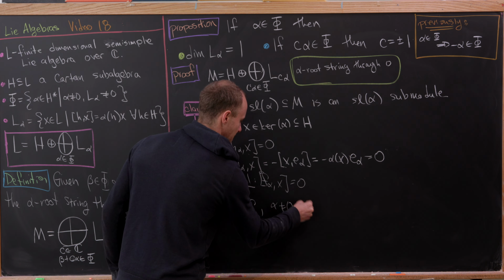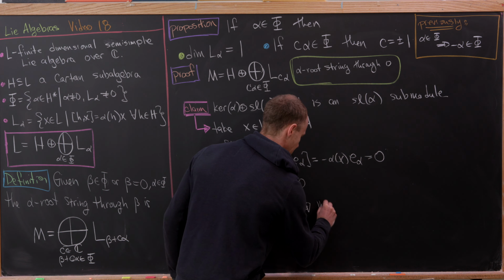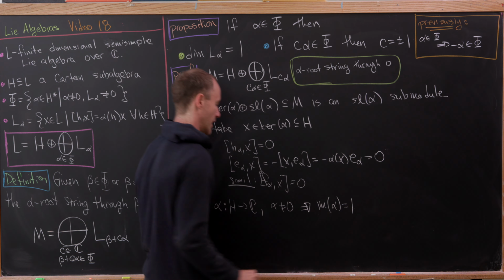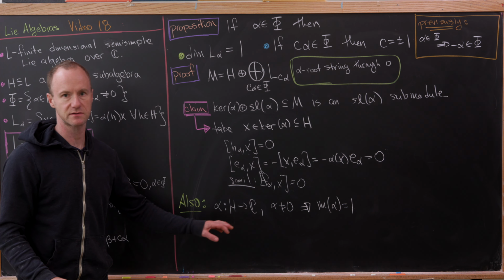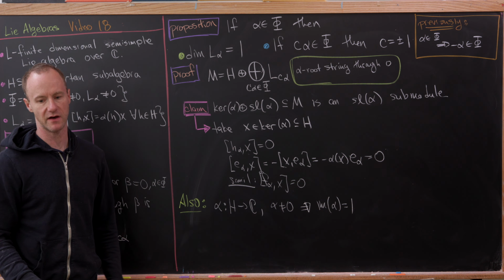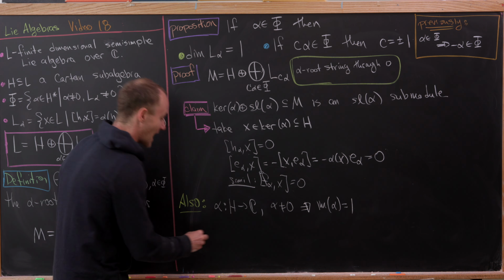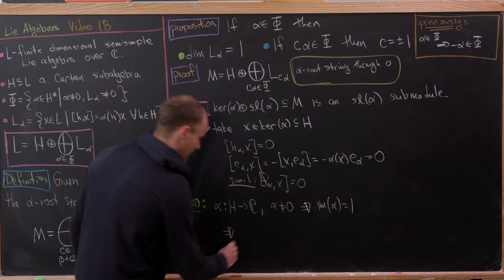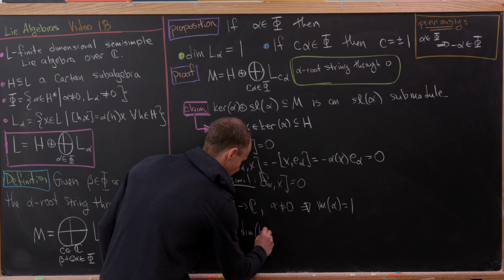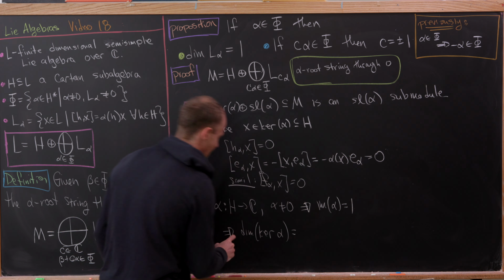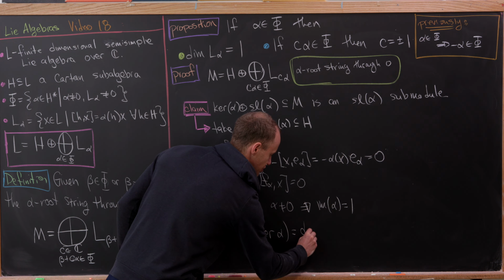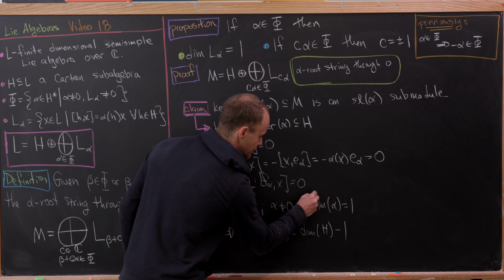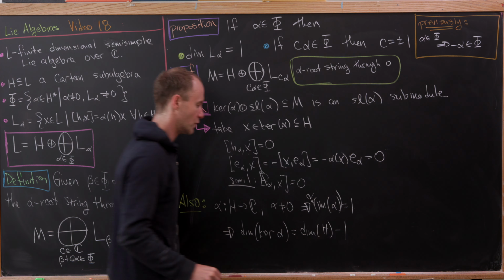But what does that mean? Well, if it's not the 0 map, then the dimension of the image of alpha has to be 1 because it maps at least to some non-zero element of C. But then by the rank-nullity theorem, what do we know? We know that the dimension of the kernel of alpha has to be the dimension of H minus the dimension of the image of alpha. I missed a dimension here, which was 1.